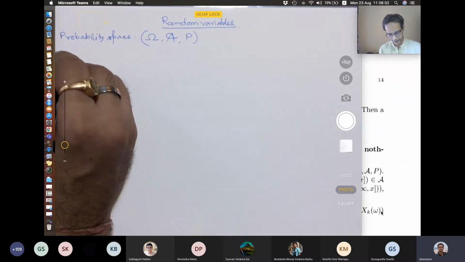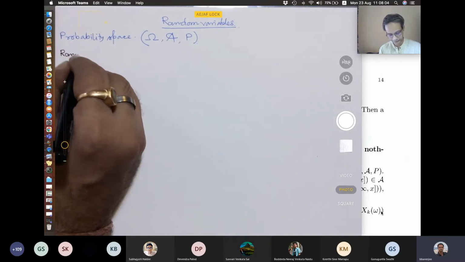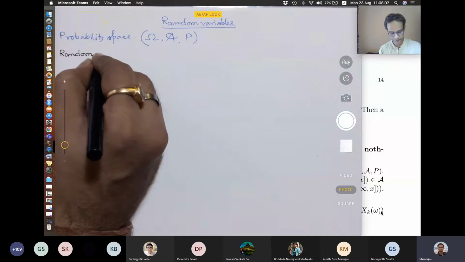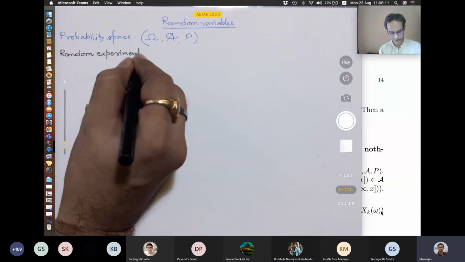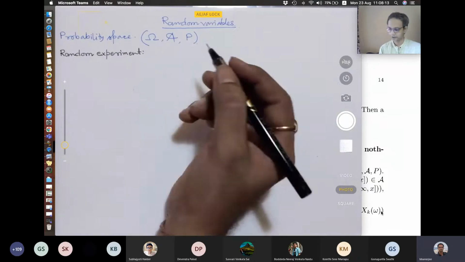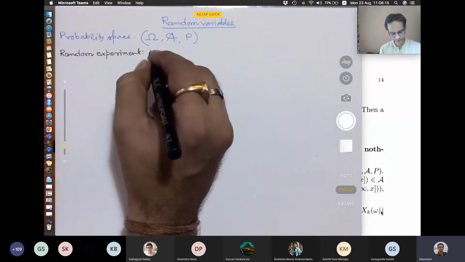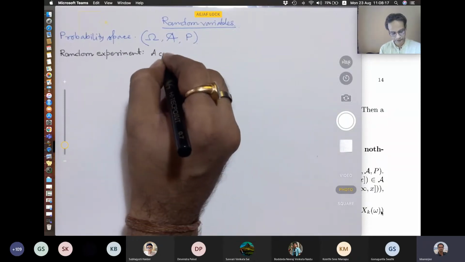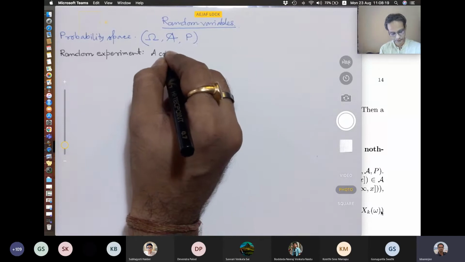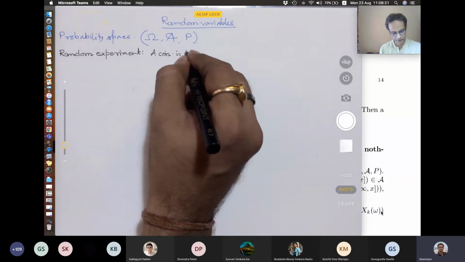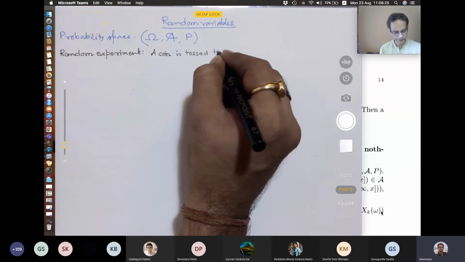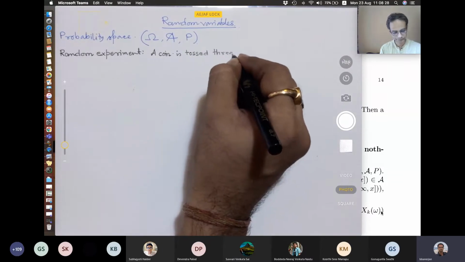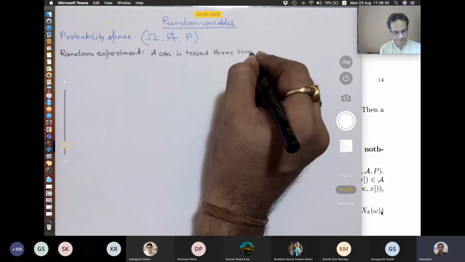Suppose the random experiment is this. A coin is tossed 3 times independently.